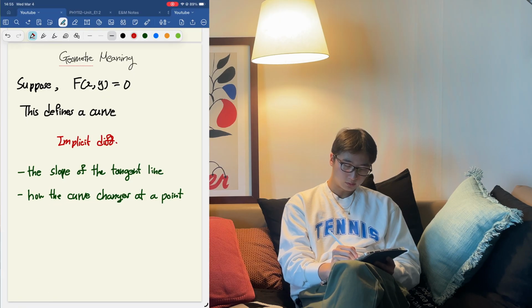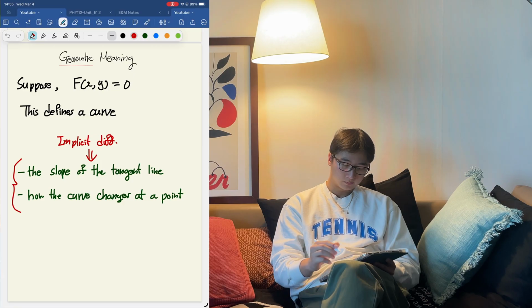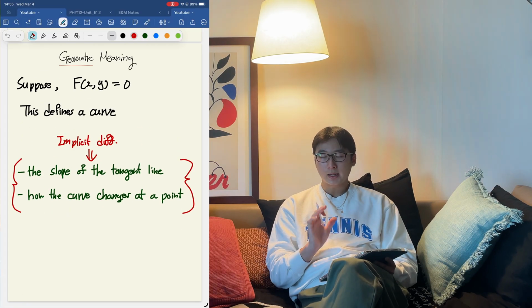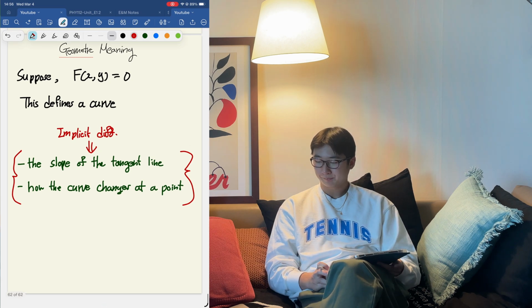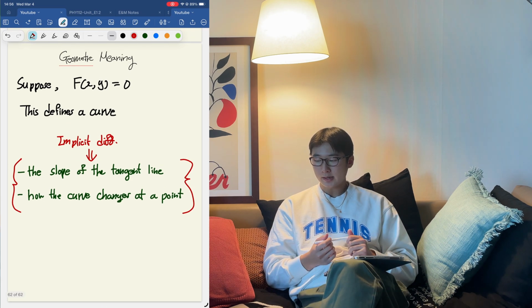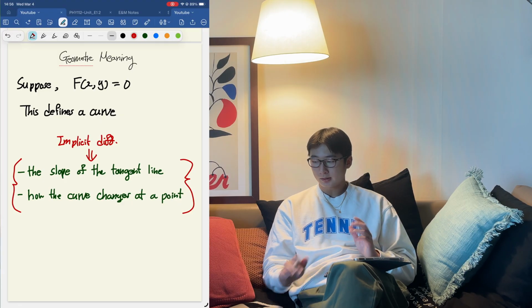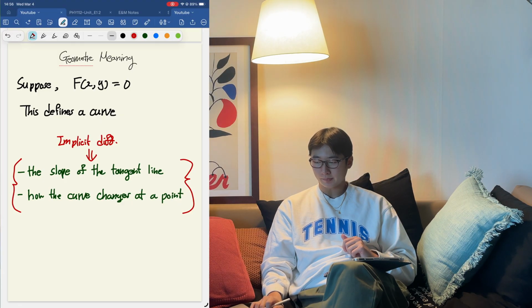Implicit differentiation lets us find these two things, even if we never solve for y. So geometrically, implicit differentiation finds the slope of a curve defined by a relationship.